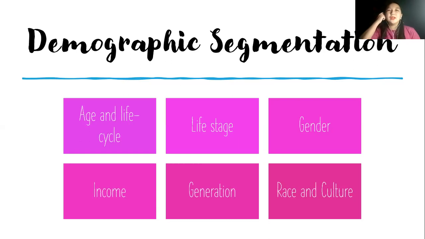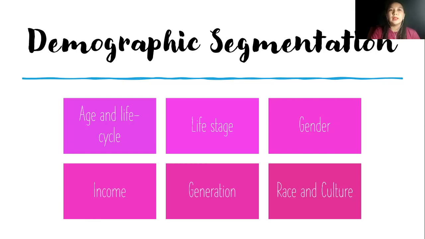So, basically, yun yung example natin. And of course, di ba, sa mga diapers naman, hindi lang diapers, syempre pati gatas na merong age for age na 0 to 6 months, 6 to 12 months, may 1 to 3 years old, ganyan. So, lahat yan ay depende sa ating age and life cycle. Okay, so what else here?